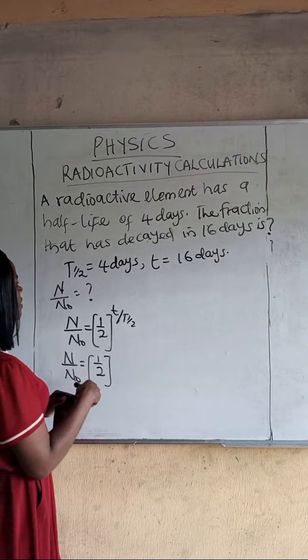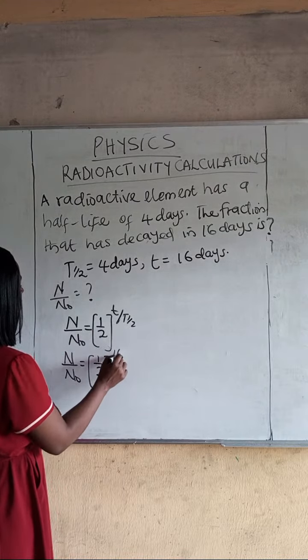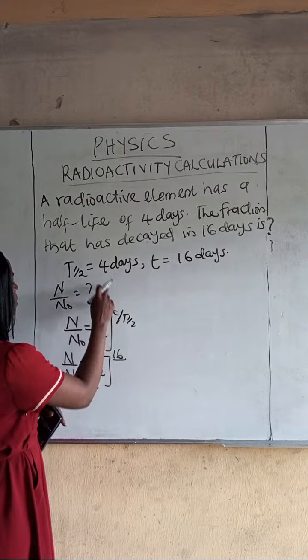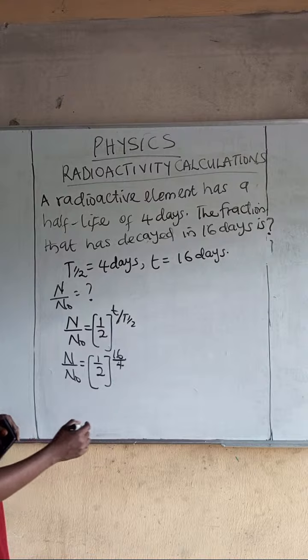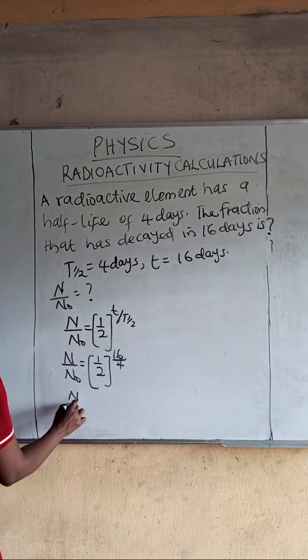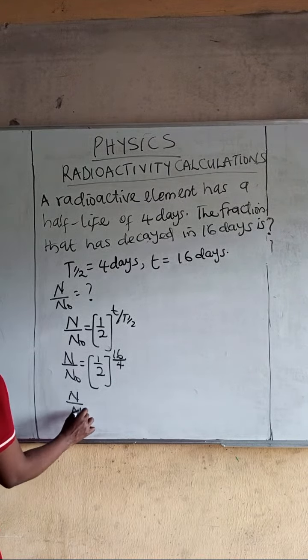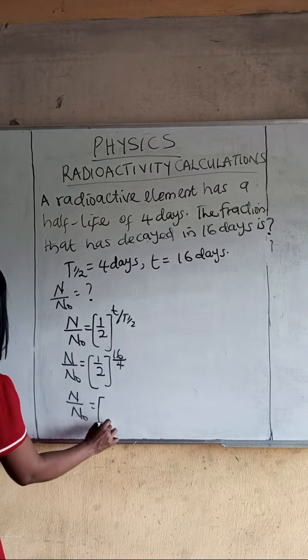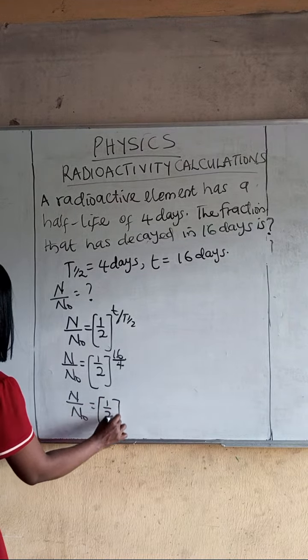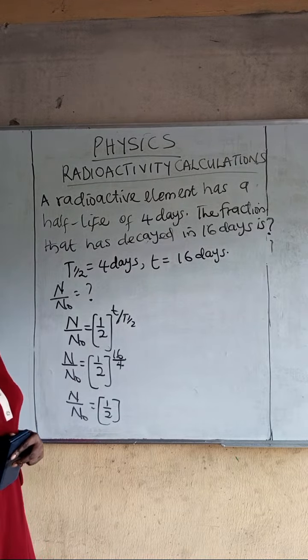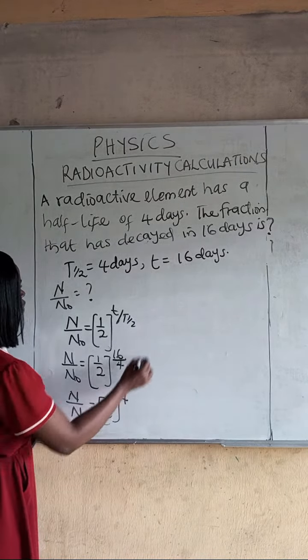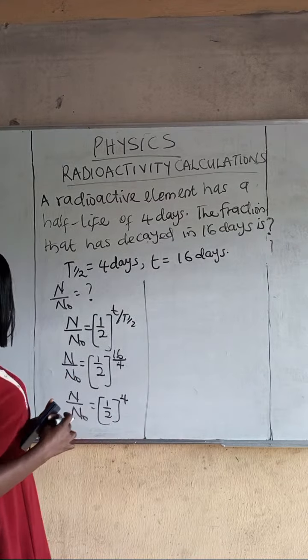What is my t? My t is 16, divided by my half-life, which is 4. So N over N naught is equal to (1/2) bracket, 16 divided by 4 is going to give me what? 4. So I have 4.